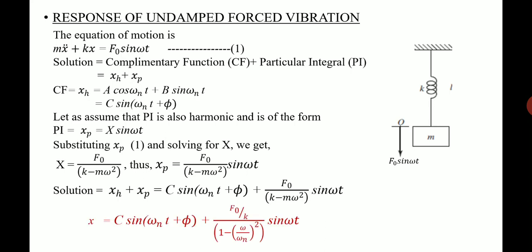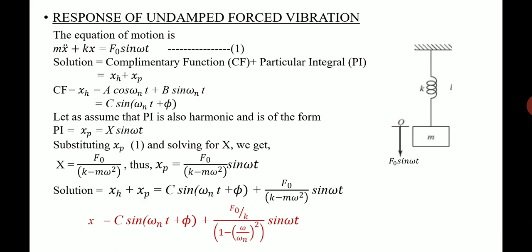Or by rearranging, dividing the numerator and denominator of the second part by k, taking that k outside, we get f0 by k divided by (1 minus m by k into omega square). Now m by k is 1 by omega n in the whole square. So substituting that, we will get 1 minus (omega by omega n) in the whole square, into sin omega t. So that is the solution, or the response, for an undamped forced vibration.